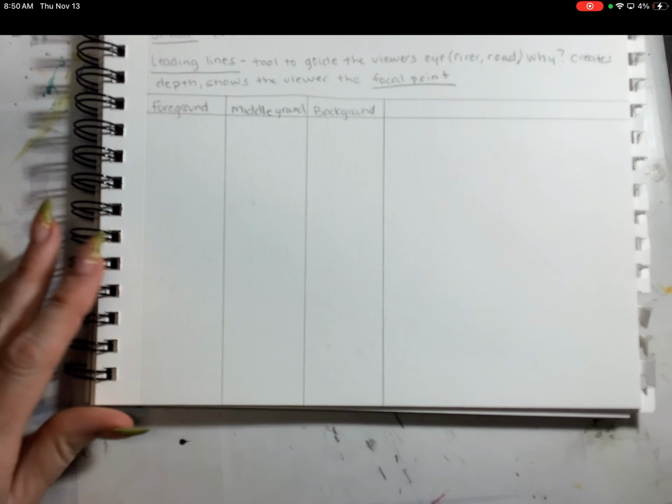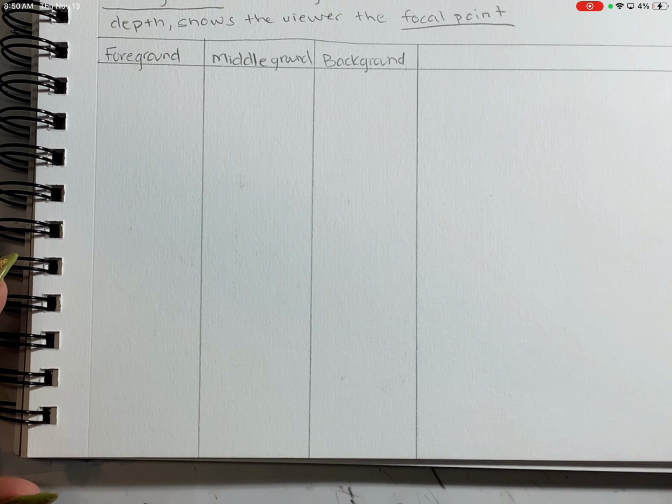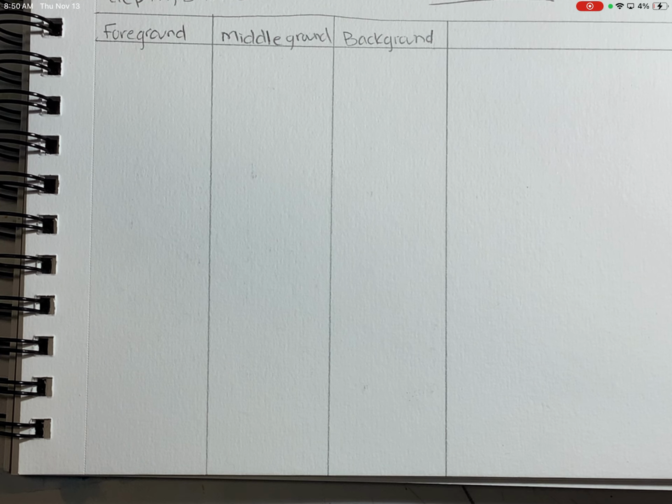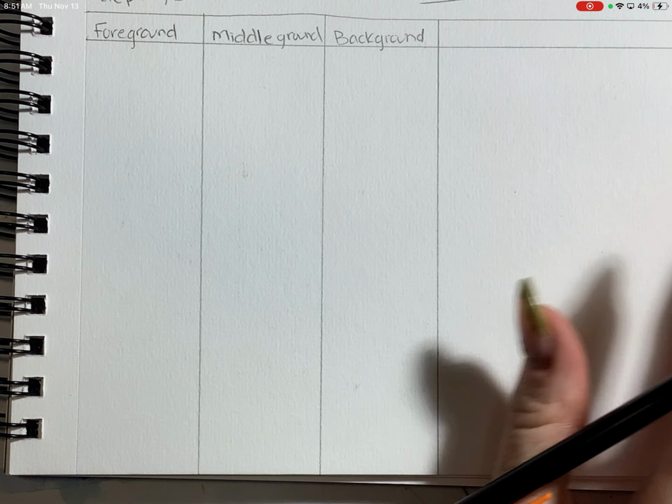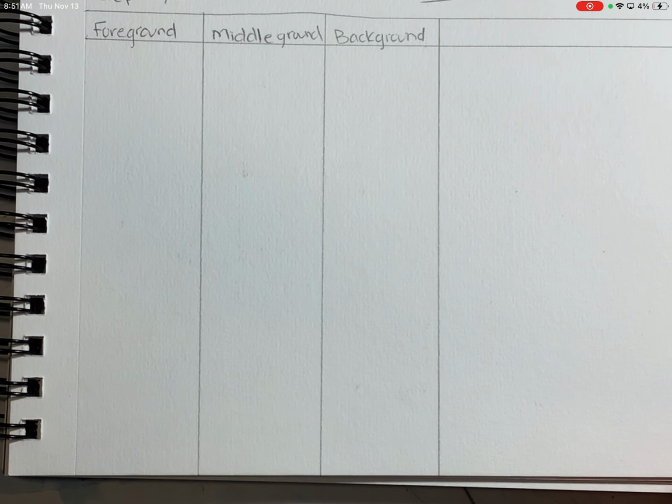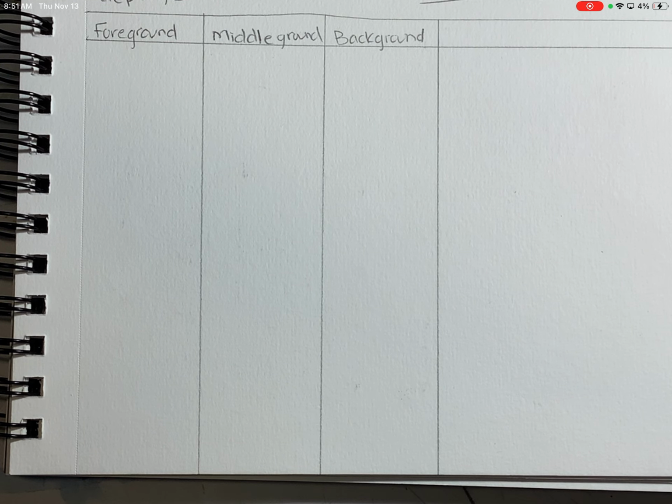Make sure you have a ruler because you're going to really need it in the next step. Rulers are in the back, labeled rulers.